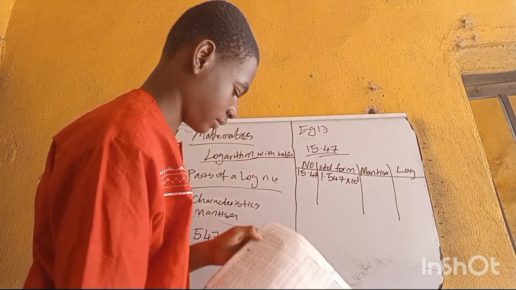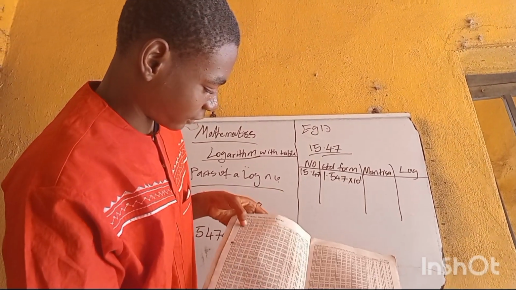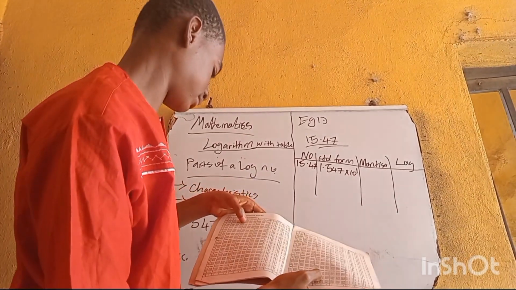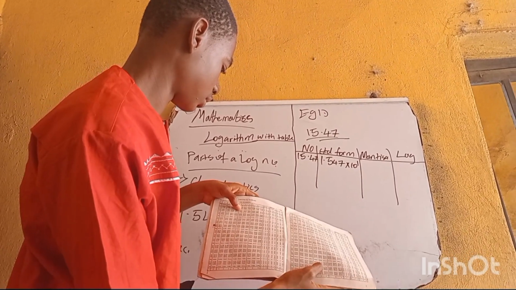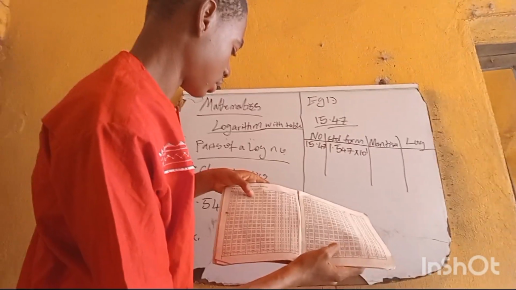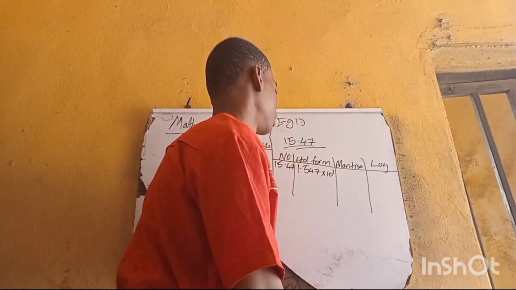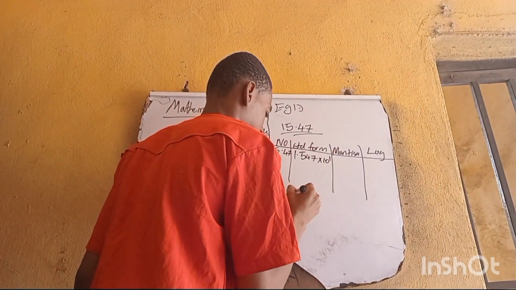We have 15 here, under 4, which is 18 and 75. 1875. 15 under 4 is 1875.